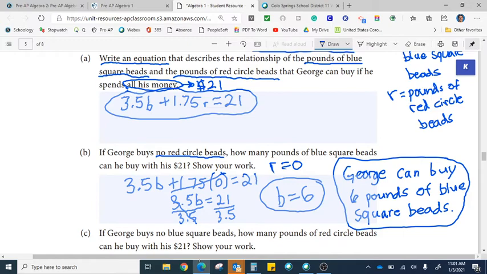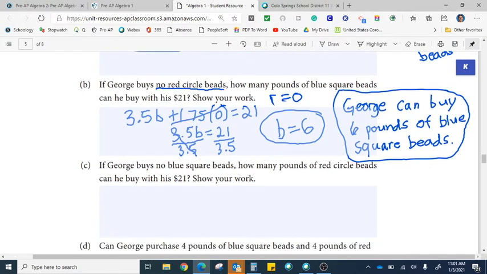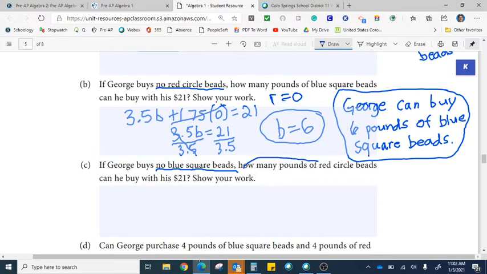Okay, so now, just as a guess, what do you think the next one will probably be about? Well, if I had a guess right here and I saw the word no in there, I'm guessing that we're probably going to replace the other variable with 0. So it says if George buys 0 or no blue square beads, how many pounds of red circle beads can he buy?